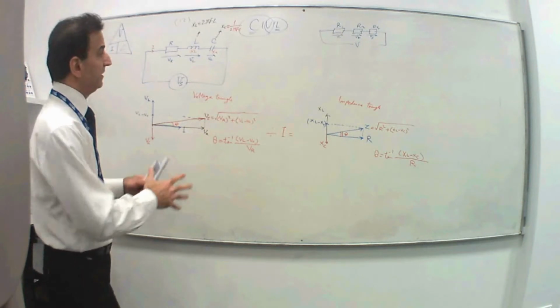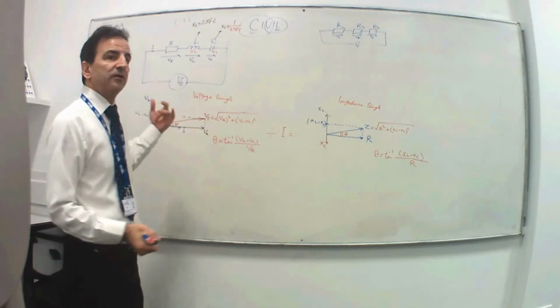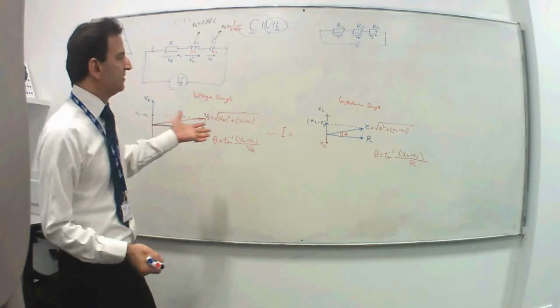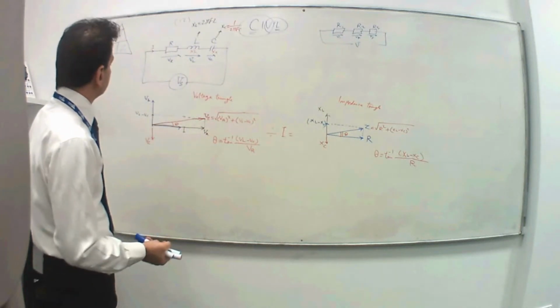So we basically found, in two different methods, drawing it to scale and using Pythagoras, the voltages and impedance of the circuit.